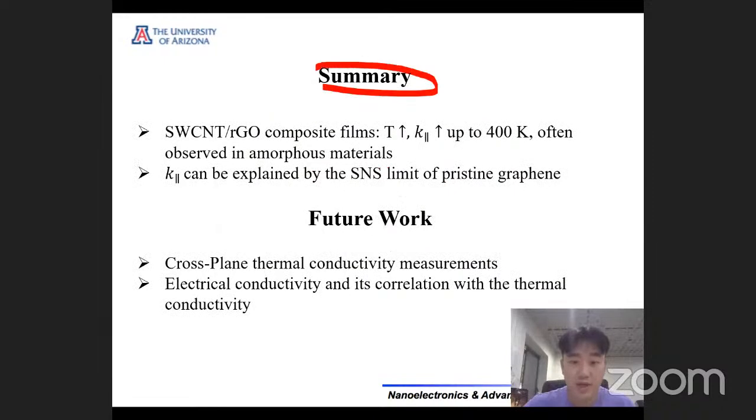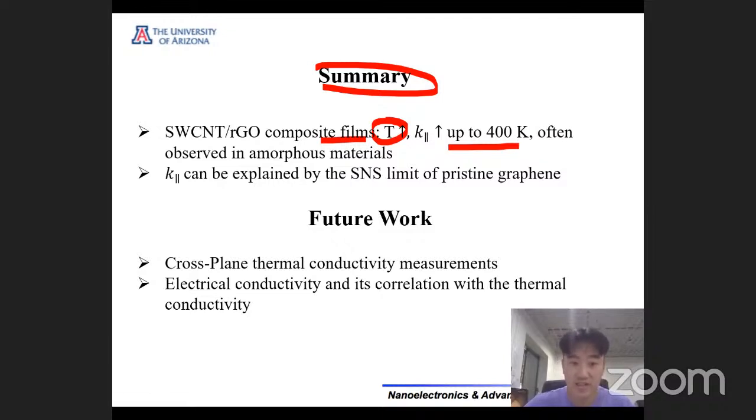So here is a summary of my talk today for our single wall carbon nanotube RGO composite films. There is a very rare phenomenon: with increased temperatures, the in-plane thermal conductivities of our nanocarbon composite films increased up to 400K, which is often seen in amorphous materials before.